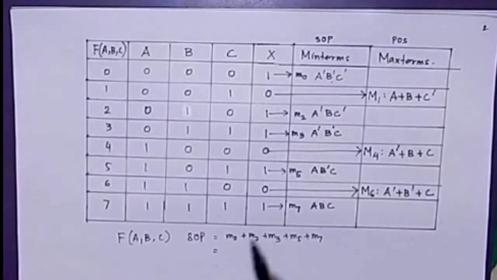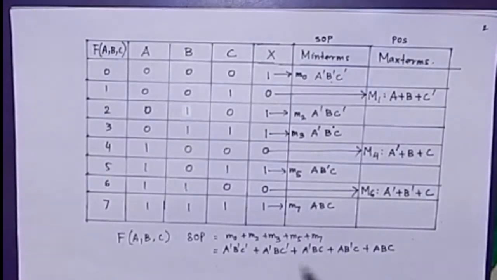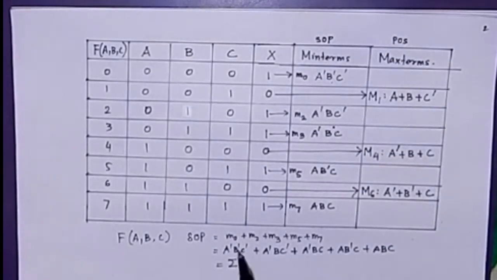We can also write this as A dashed B dashed C dashed plus A dashed B C dashed plus A dashed BC plus A B dashed C plus ABC, and this can also be written as sigma of 0, 2, 3, 5, 7.